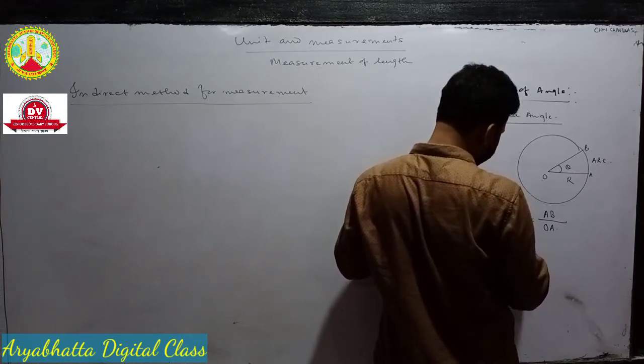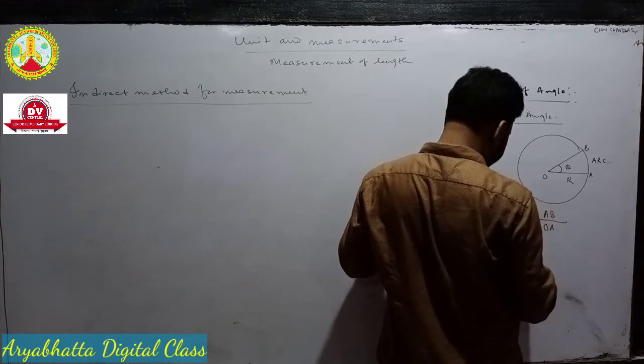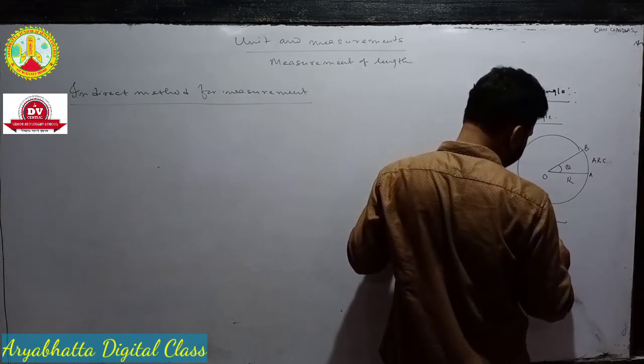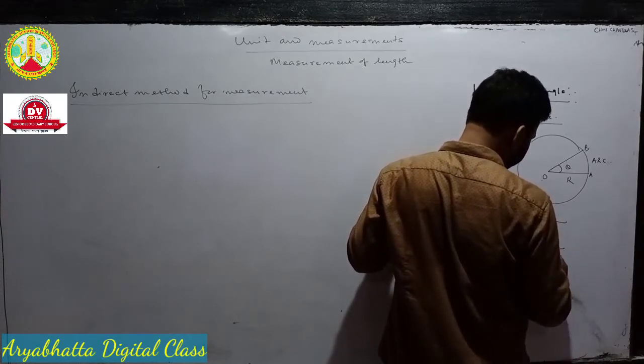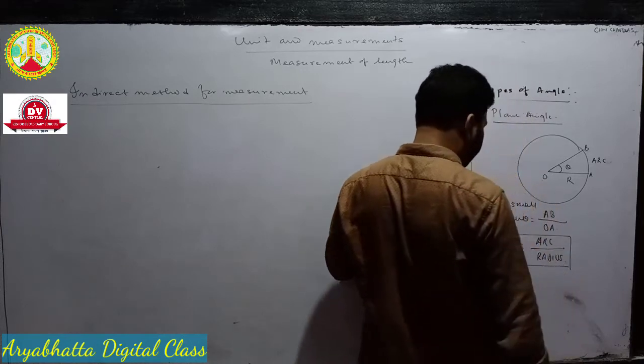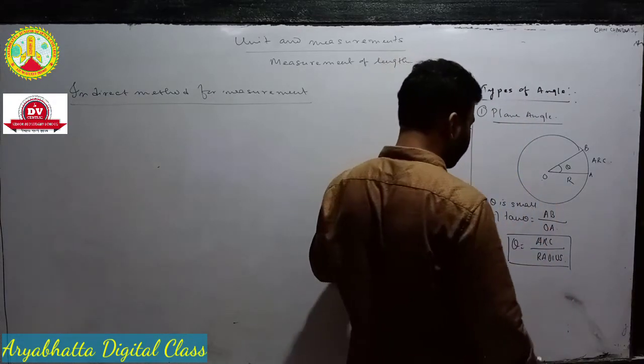If theta is small, then tan theta is almost equal to theta, and AB is nothing but arc, divided by OA, which is nothing but radius. So from today onwards remember this formula: theta is equal to arc divided by radius in a circle.